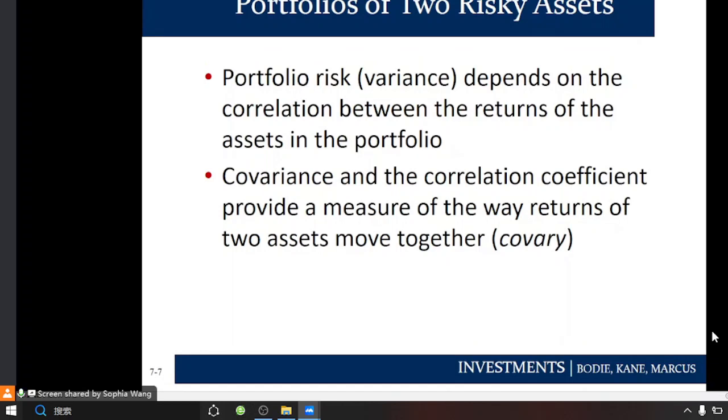The covariance and the correlation coefficient provide a measure of the way returns of two assets move together. If two assets have a linear relationship, we can use the covariance to calculate the correlation coefficient.